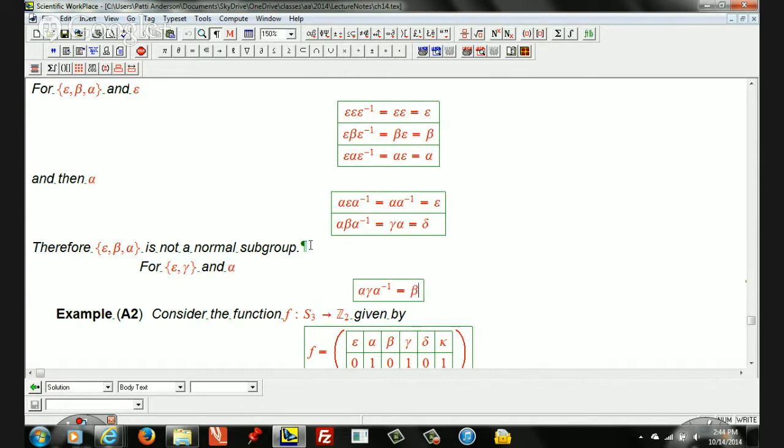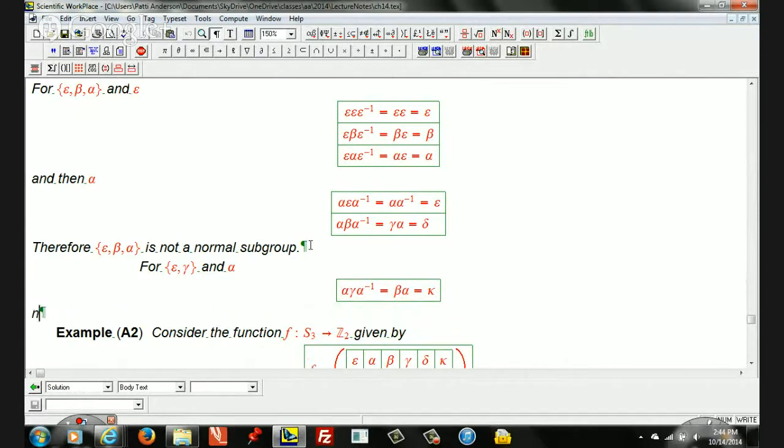Beta. And then alpha inverse was alpha. And so beta alpha is kappa. Is kappa in our set? Nope. So it's not a normal subgroup.